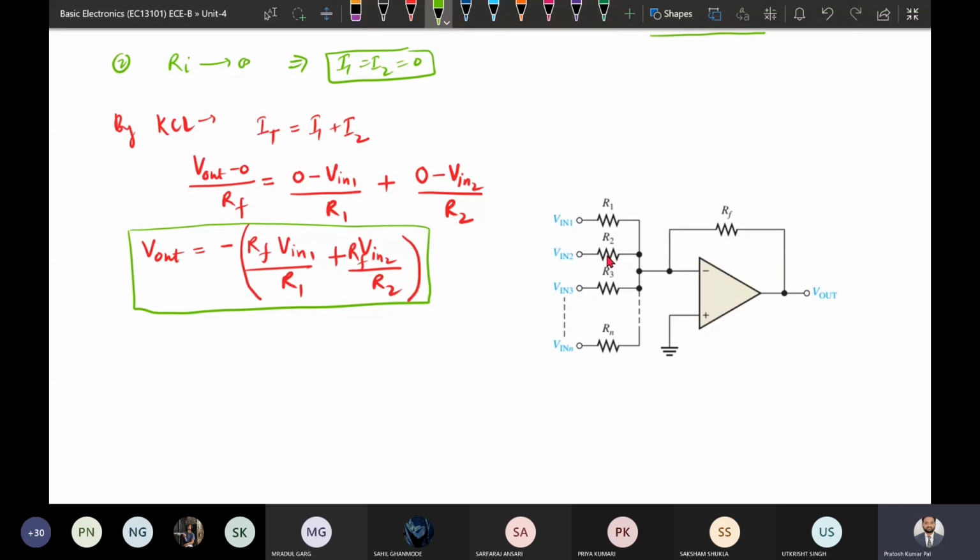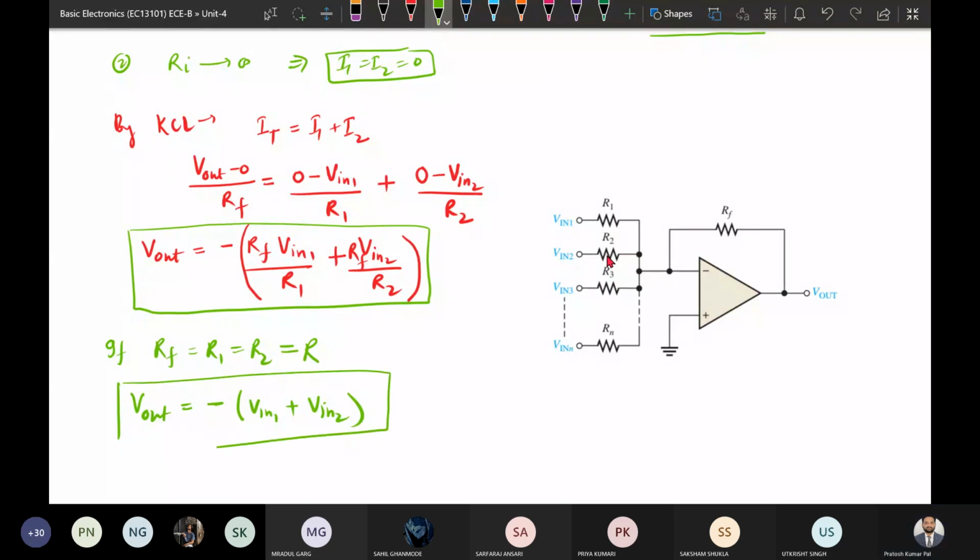Okay, so if we consider RF and R1 and R2 are equal to R, then V output will be given by putting this, the coefficient will be equal to 1, so it will become V input 1 plus V input 2.